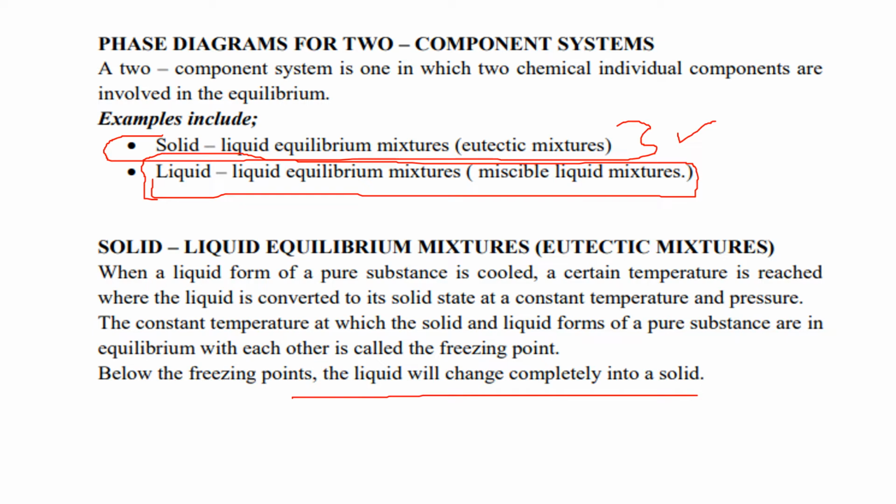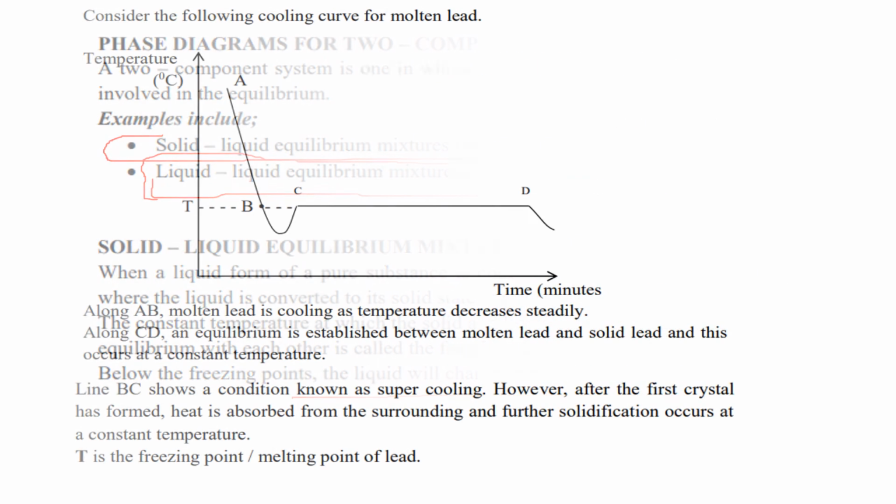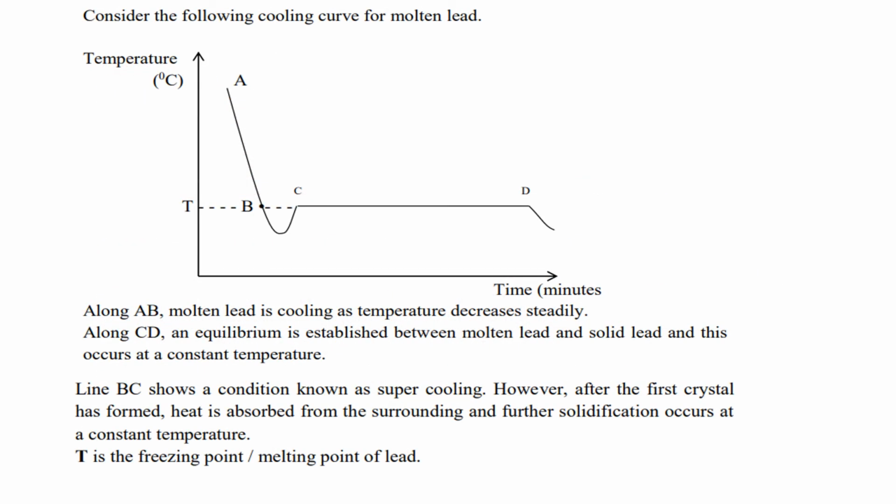So let's go to the next slide and look at what we are trying to explain. Now this refers to the cooling curve. This is called the cooling curve, and such a cooling curve is always for a substance in its pure form.